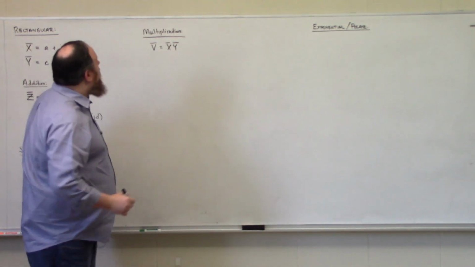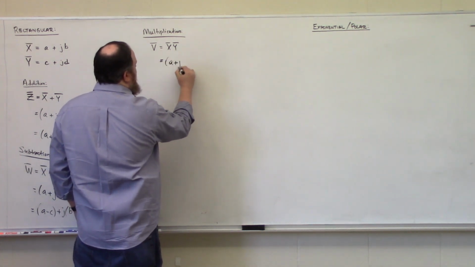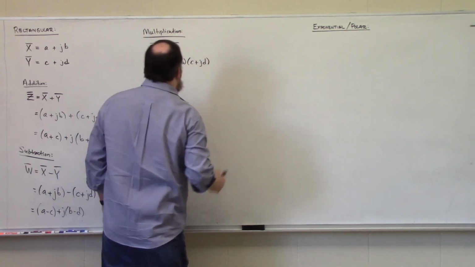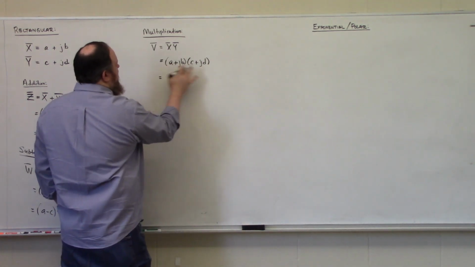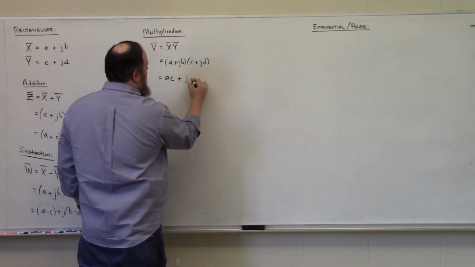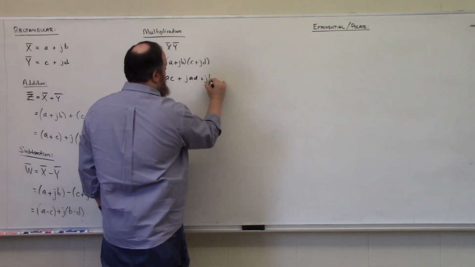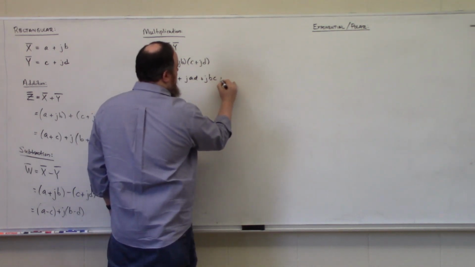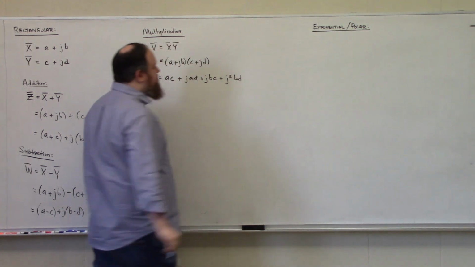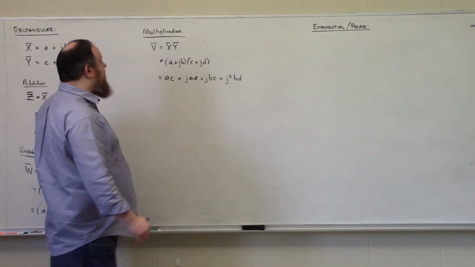All right, so x multiplied by y gives us a plus jb times c plus jd. So that would be a times c plus j a times d plus j b times c plus j squared b times d. Now j squared is the square root of -1 squared, giving us -1.